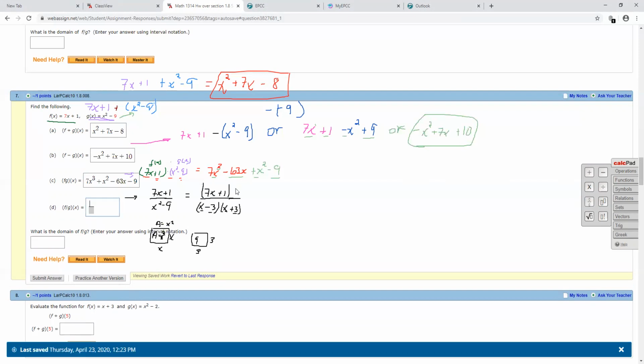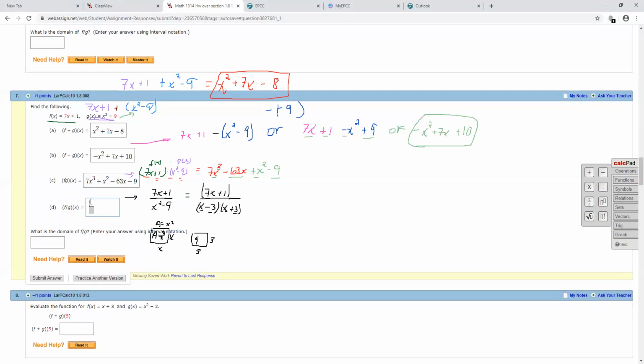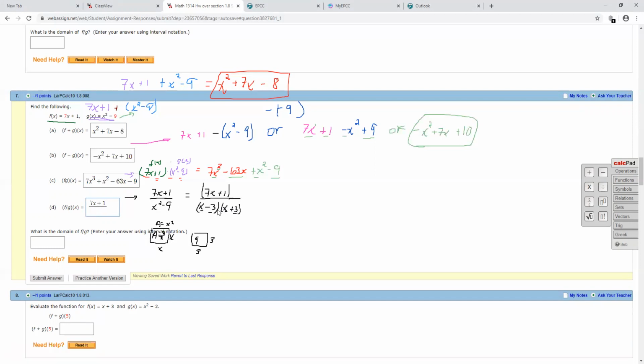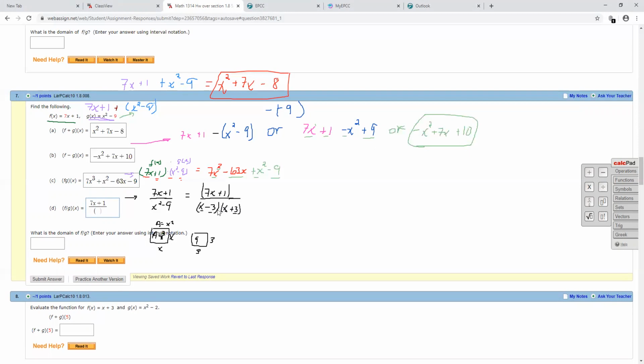You don't need to put the parentheses up here in the top. If we want to, we can. In the denominator, we could write x squared minus 9. That's fine. We could also write these two. I'm just going to put it with these two because I want to emphasize something that is next. But it's either one they should mark or say as correct.